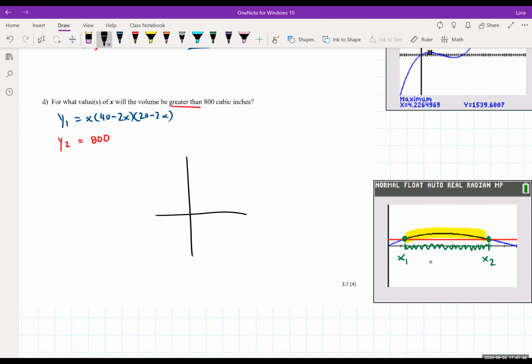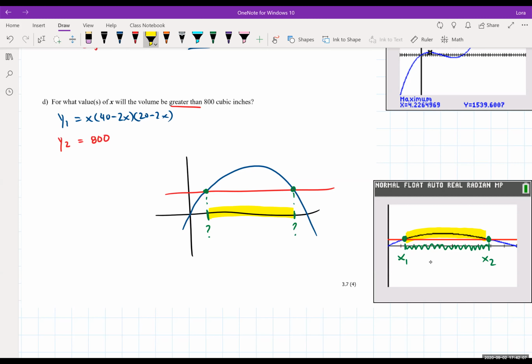You could just have a quick sketch of your window. You kind of see maximum volume, you see something happening here, and then again, you can say, oh yeah, I need to figure out what is this one and what is this X value. So remember, our region that we need would be including all those values in between.